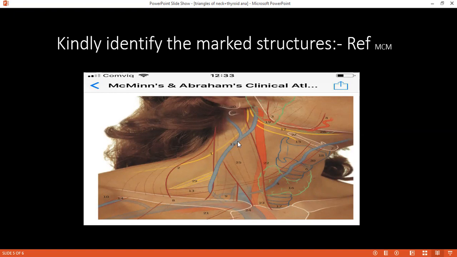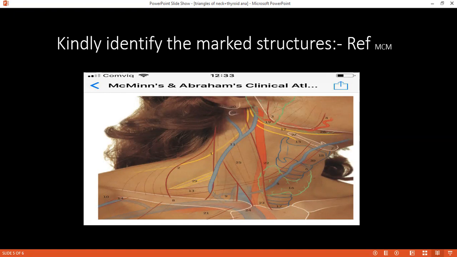Can you tell me the surface marking of it, please? We will draw a line between two points. The first point is the junction between the upper 2/3 and lower 1/3 of the sternomastoid.